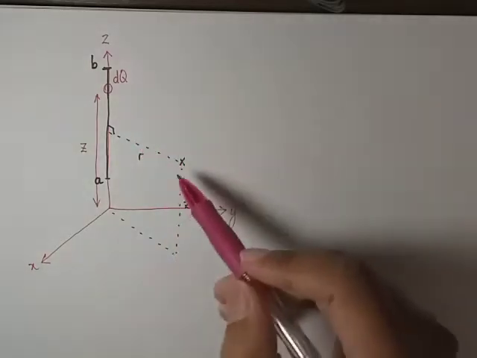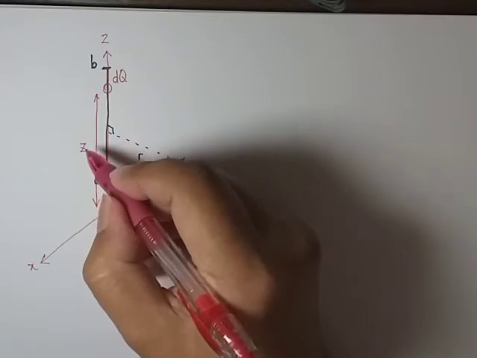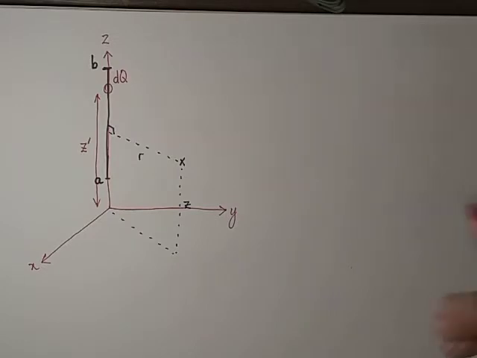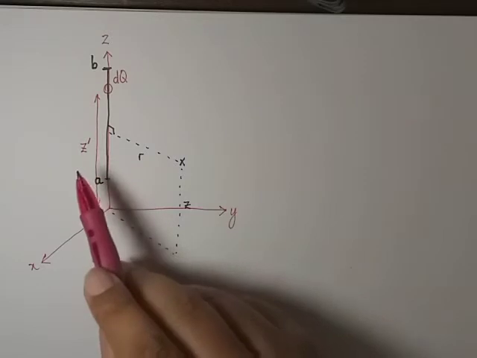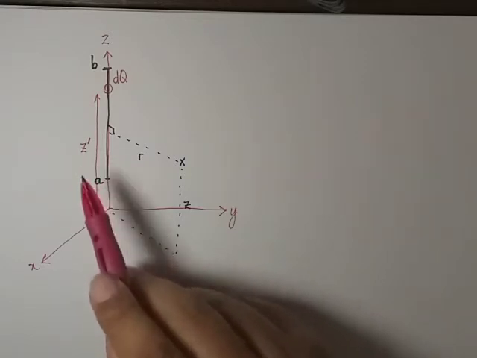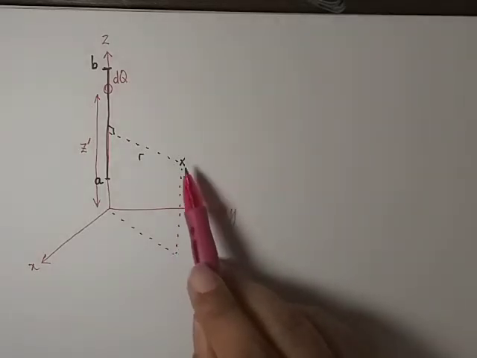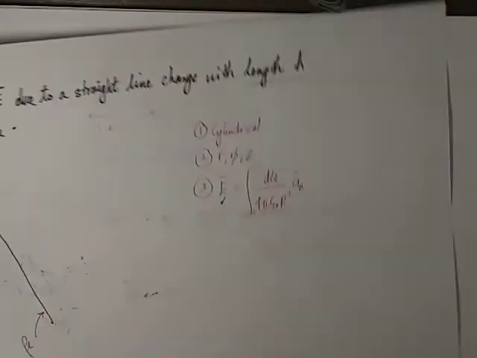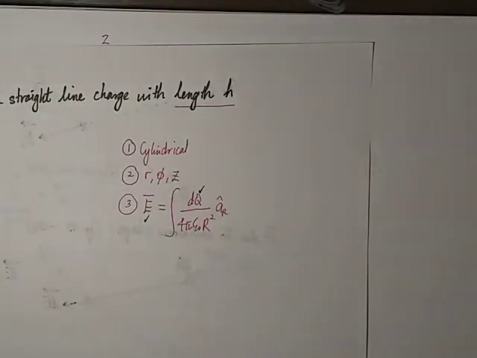So to show the difference between these two heights, I'm going to choose my labeling for the sample position to be z prime. Just to show myself it still depends on the z variable of the cylindrical coordinate, but it has a different value compared to the z variable we used before to represent the height of the E position. Therefore, I'm using the dash there. So we have done the second step here, which is defining the position of the dq on our diagram.